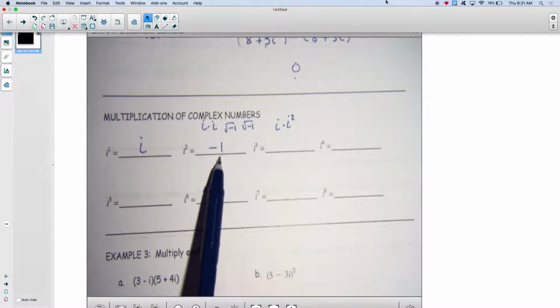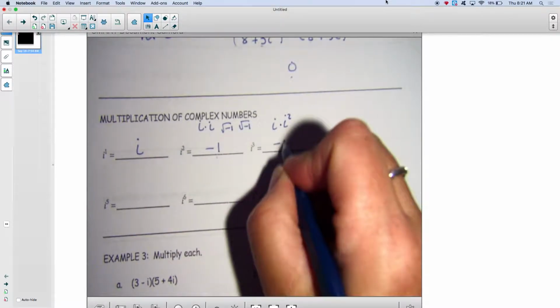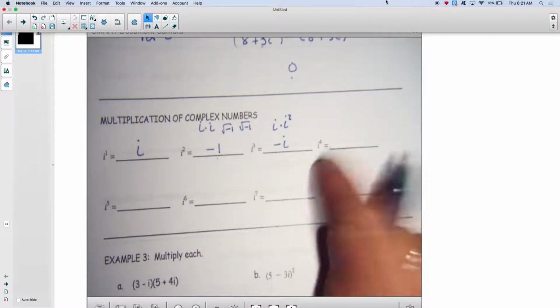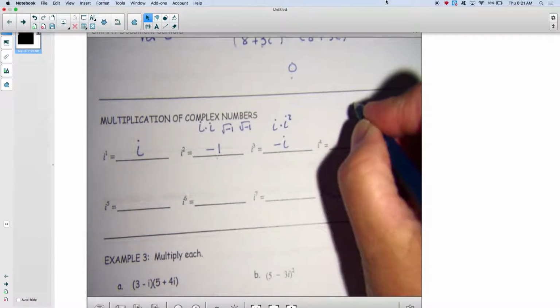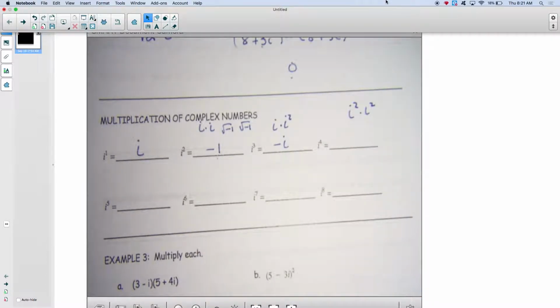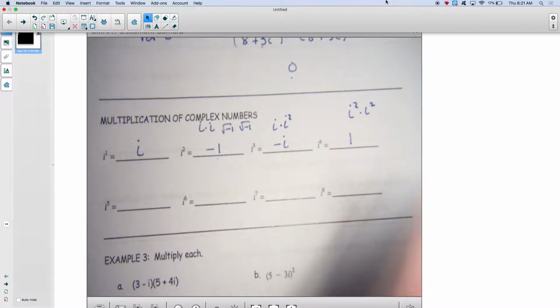So i squared is negative 1 times i gives us negative i. i to the fourth, well, that's i squared times i squared. i squared is negative 1 times negative 1 is 1.